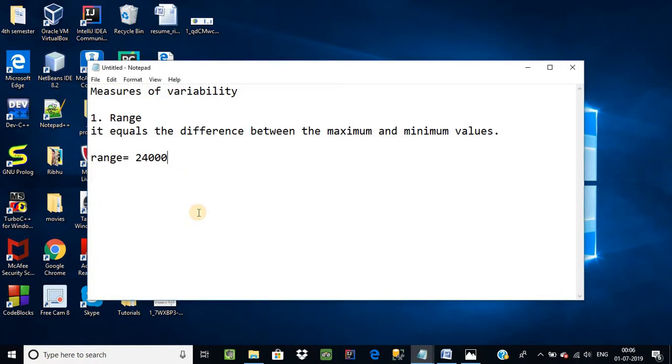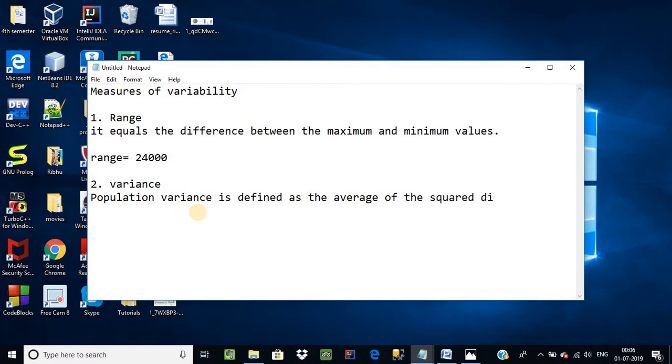The next thing that I will discuss is variance. So what is variance? Population variance is defined as the average of the squared differences from the mean, which is also denoted by x bar, or mu, and this particular variance is denoted as sigma square.